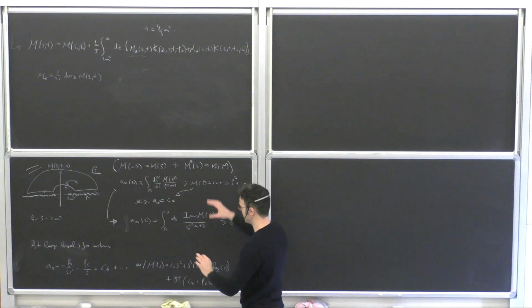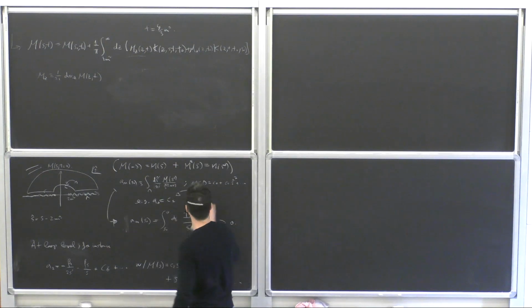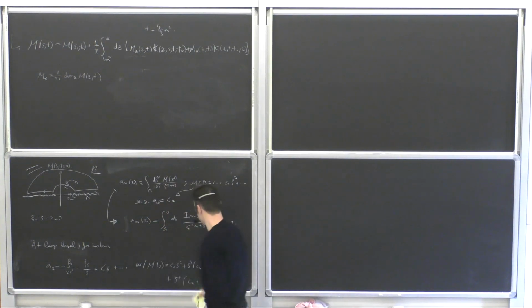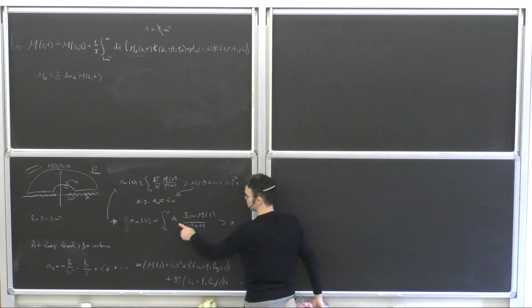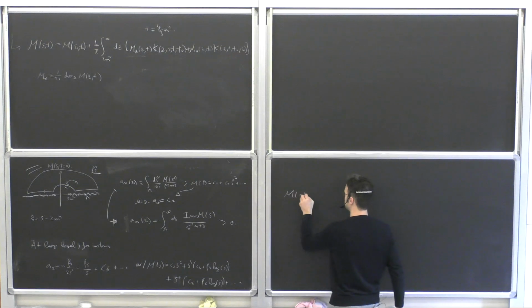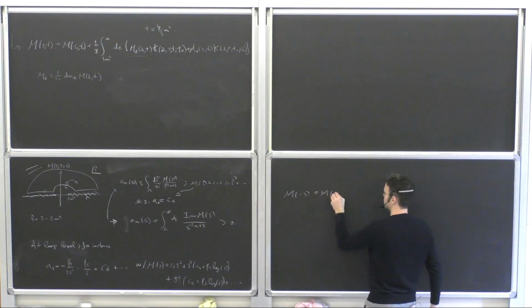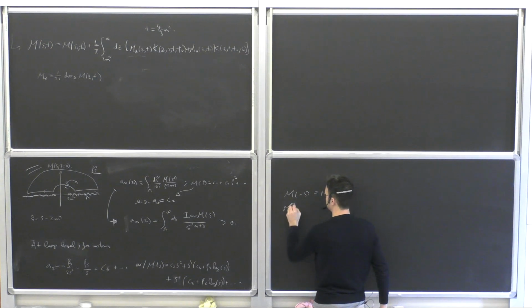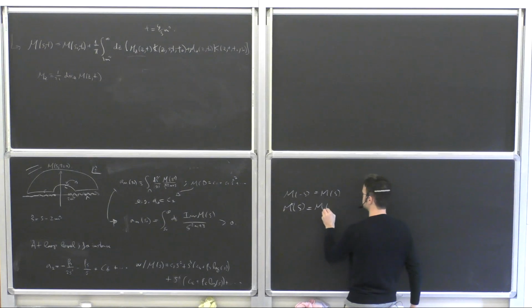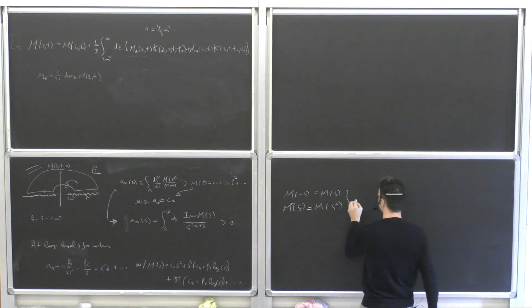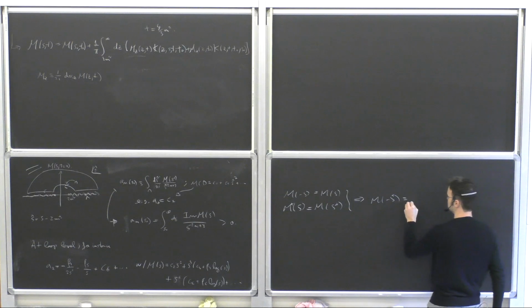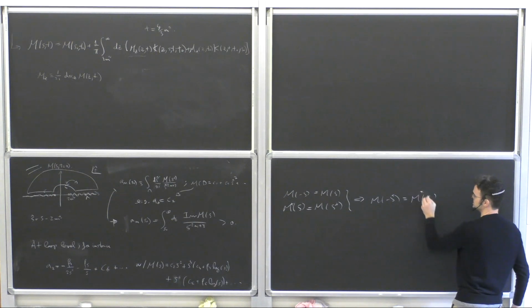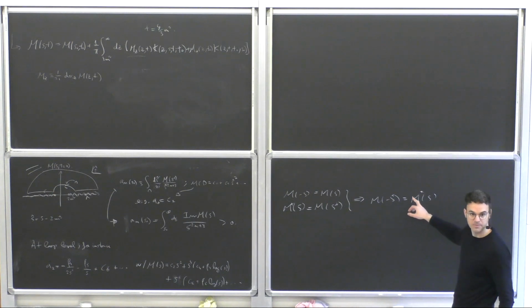I'm starting to make a mess in this blackboard, so let me write it elsewhere. To derive this equation, to go from here to here, we are using crossing plus real analyticity, okay, which we can combine into M of minus s star equal to M of s star, okay?